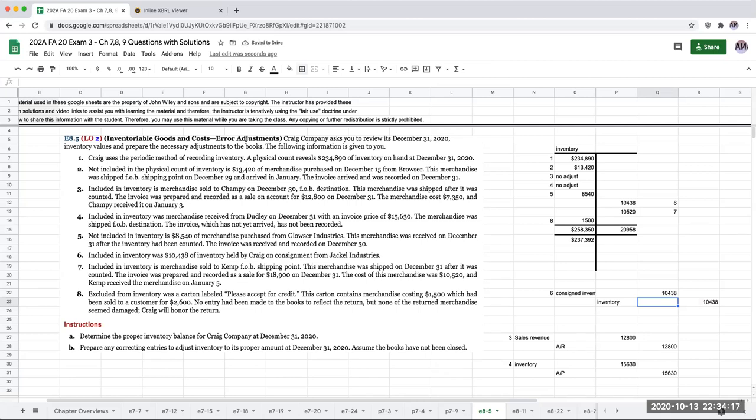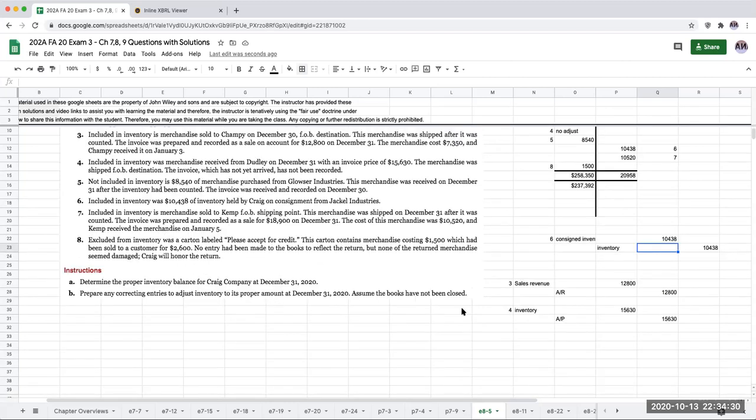Number 7, included in inventory is merchandise sold to Kemp, FOB shipping. And I basically recorded it as a sale, this was proper because I've already recorded it. Okay, so over here, if I'm accepting back merchandise, what I need to do for this one is debit sales returns.